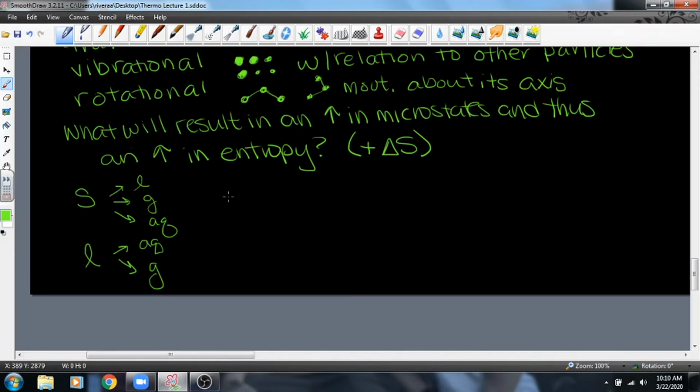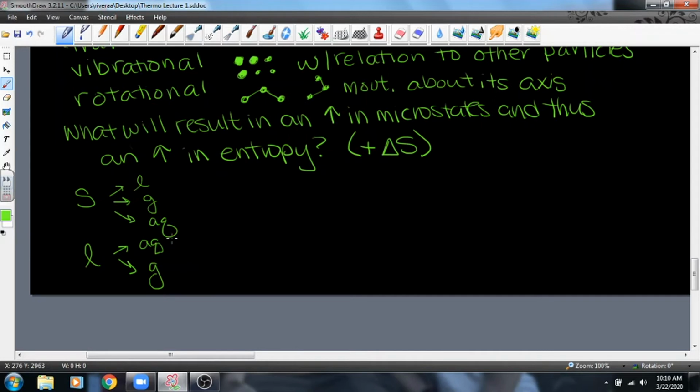Now, notice, I am not going to say that a gas going into solution increases entropy. It does not. A gas going into solution would be more ordered because gas molecules are really spread apart and they can have many more microstates in the gaseous state than they could in the aqueous state. So solid to aqueous increases entropy, liquid to aqueous increases entropy, but gas to aqueous does not.